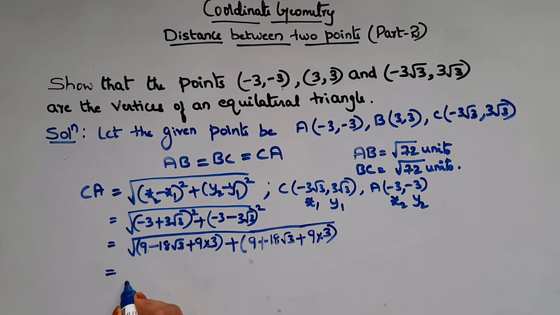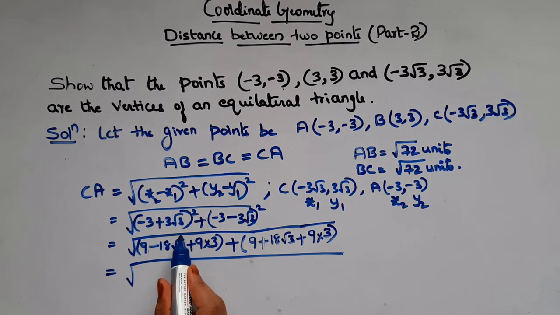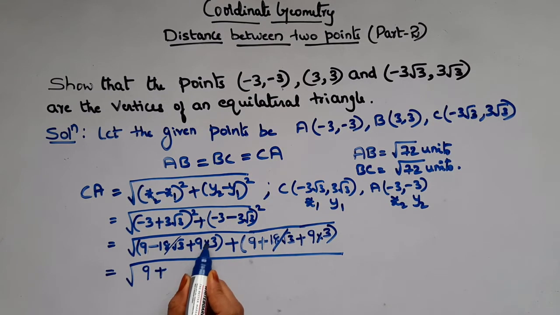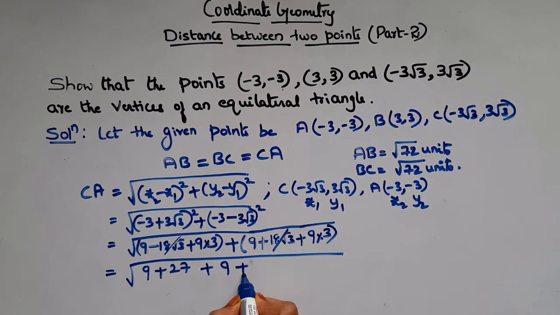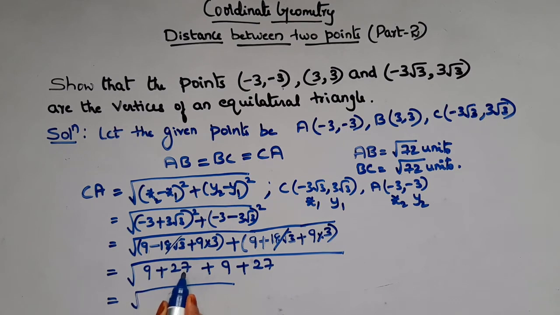Which is equal to, we will simplify this further. We have plus 8, and minus 18 root 3 and plus 18 root 3 will get cancelled, right? So we have 9 plus 9 3s are 27, plus 9 plus 9 3s are 27, which is equal to square root of 9 plus 27 will give you 36.